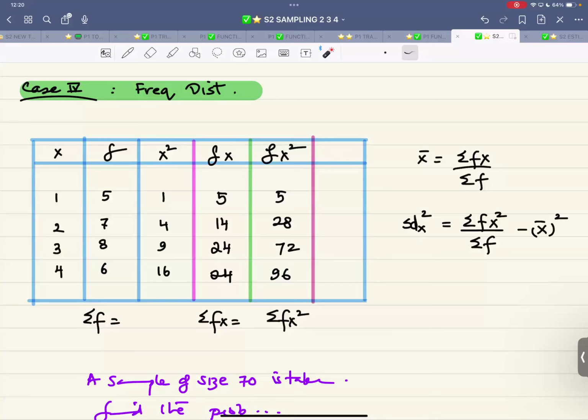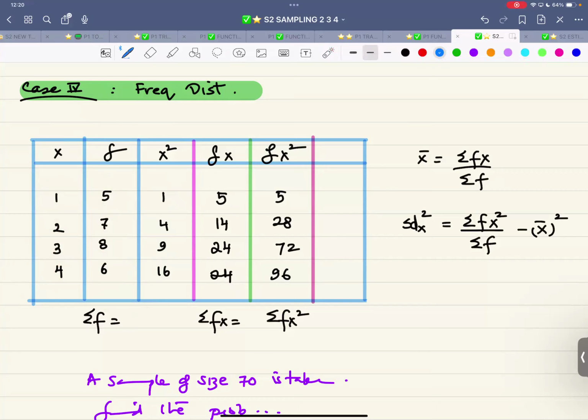We have X, we have F. We make a column for X square, a column for Fx, that is F into X, and then a column for F into X square. So we have sigma F, sigma Fx, sigma Fx square.